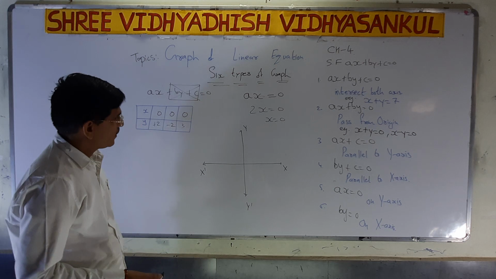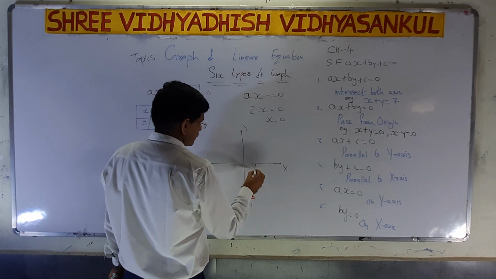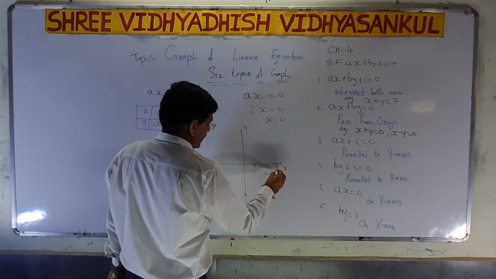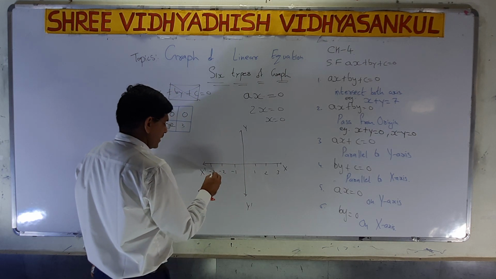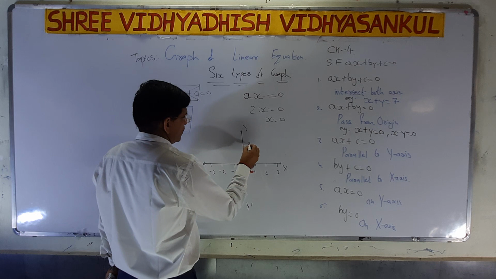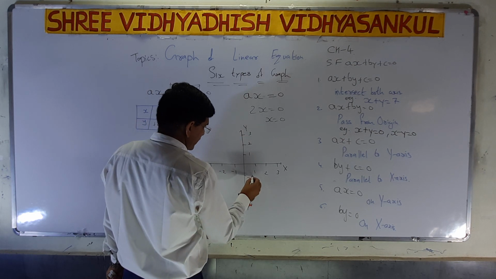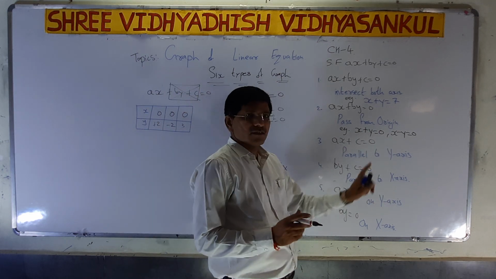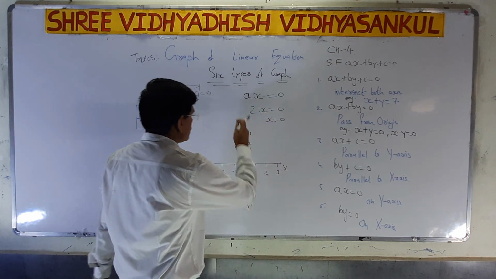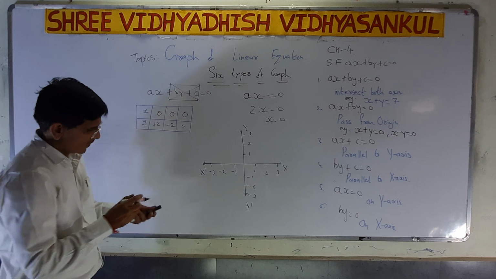Now what values do I have to put? That is 1, 2 and 3, minus 1, minus 2, minus 3, on the y-axis. On the y-axis, the value of x is always 0.